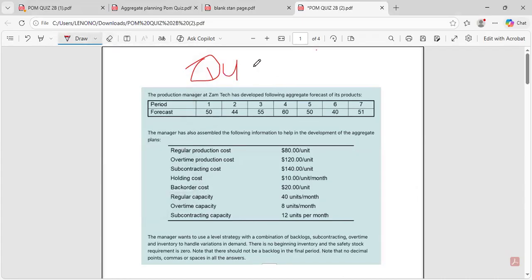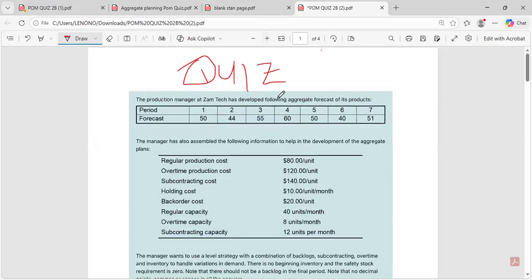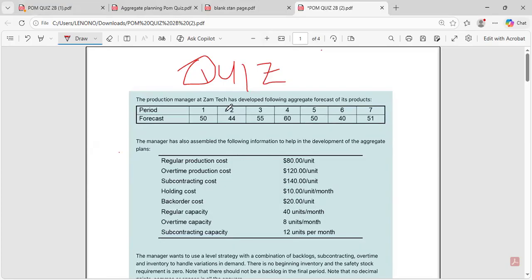The question reads: the production manager at Zamtech has developed the following aggregate forecast of its products. So we have the demand that came from different months, month 1 to month 7, and the forecast of demand, we have these ones here.